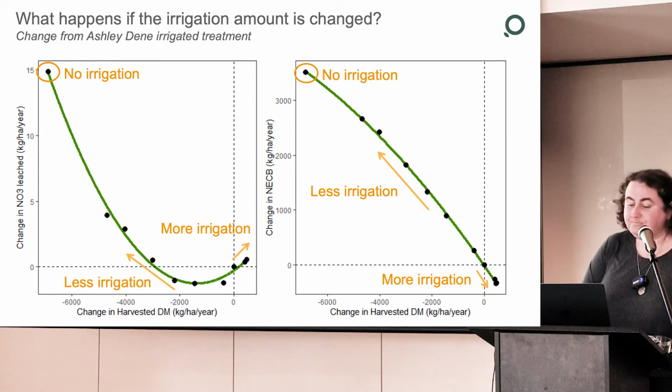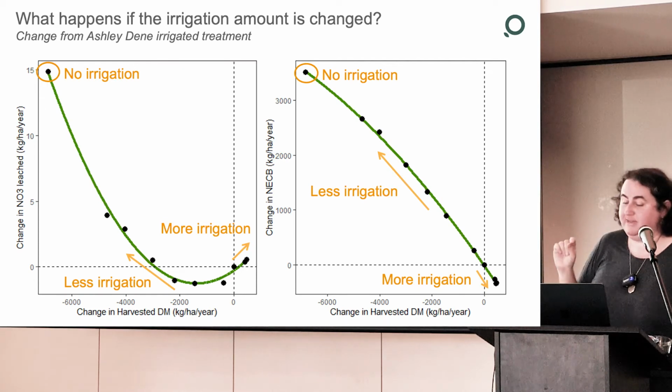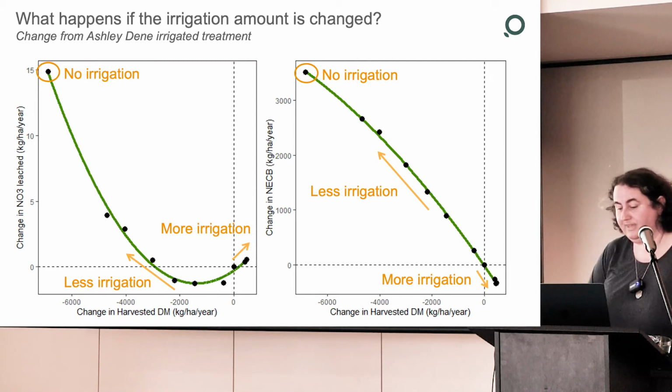If you have greater irrigation, and this is because it's a reasonable amount of irrigation already going on, you can follow the pattern, but as you might imagine, it would extend that way, that if you had greater irrigation, you would start leaching more.